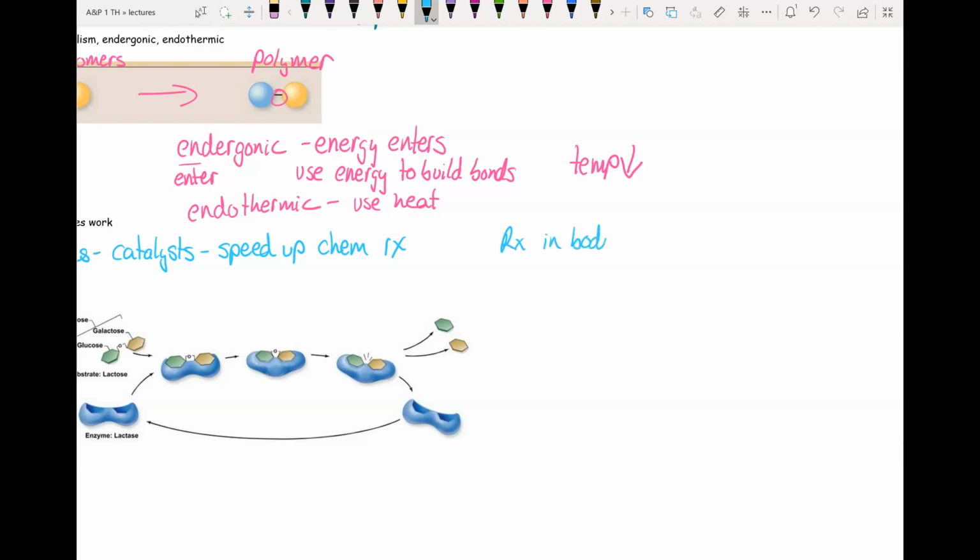Remember, metabolism just means all the chemical reactions in your body. You need them to happen fast enough to keep you alive. Chemical reactions will eventually happen on their own, but it would be so slow that you would die waiting for them. So you need them to go fast.